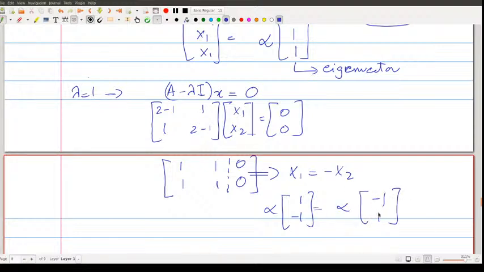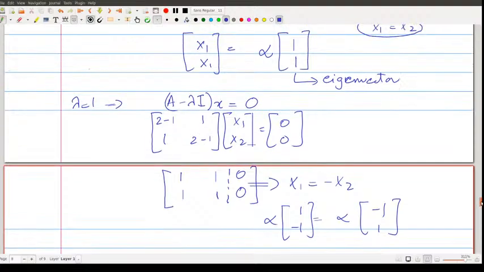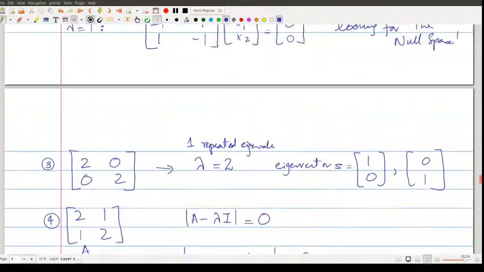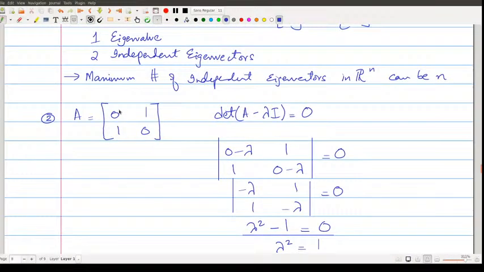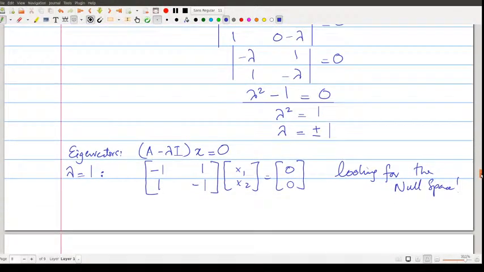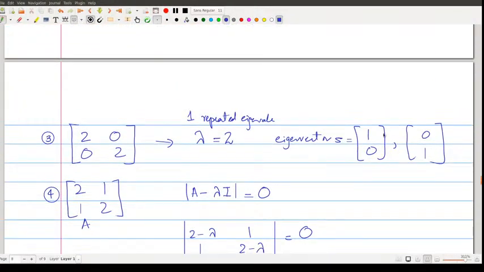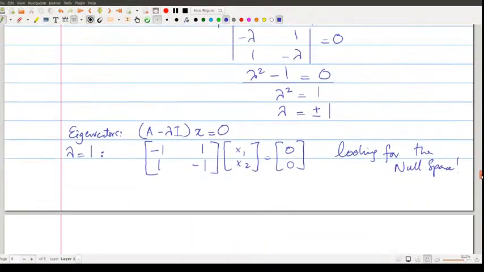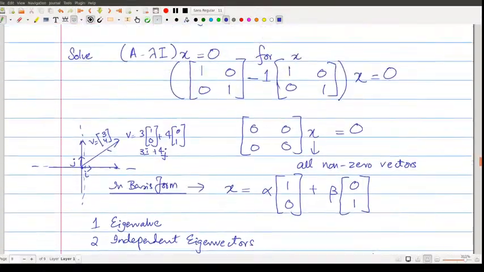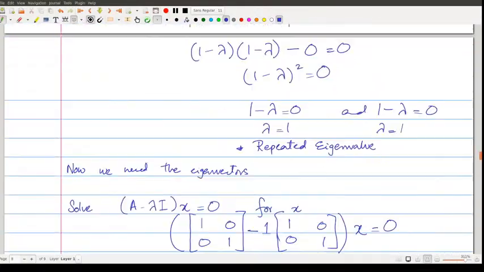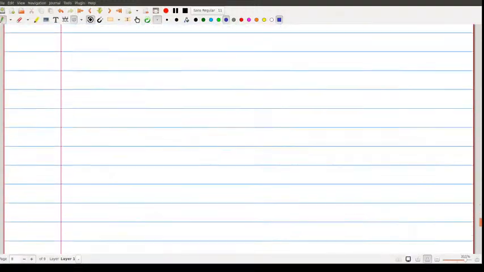In this particular case, we got the same eigenvectors that we got in the second case that we did, 0, 1, 1, 0. Sorry, I think I changed the order.